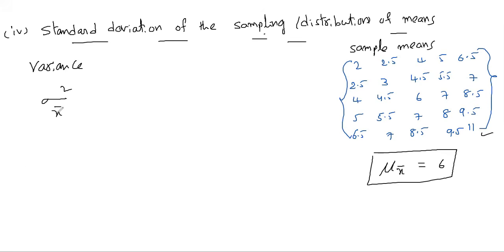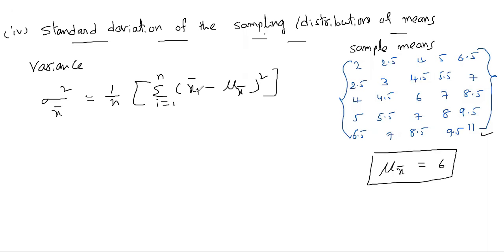The formula is sigma square equals 1 by n, summation i equals 1 to n, xi bar minus mu x bar whole square.